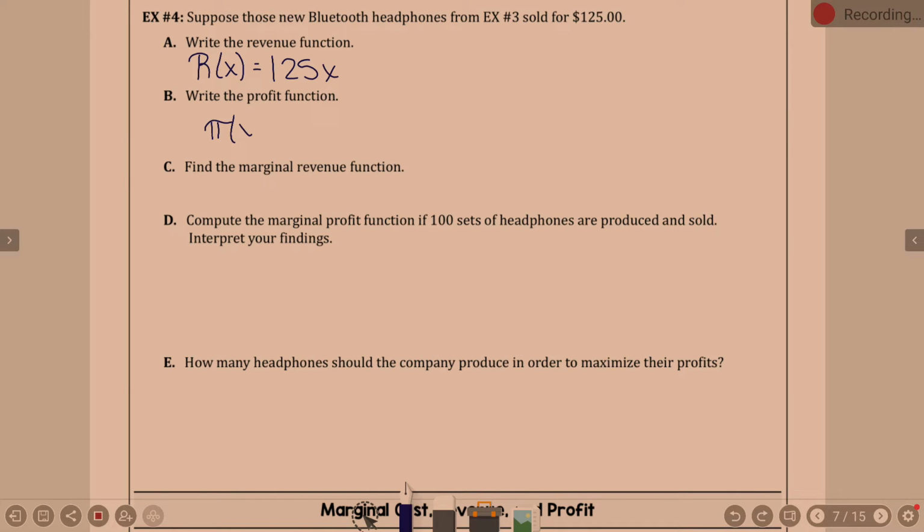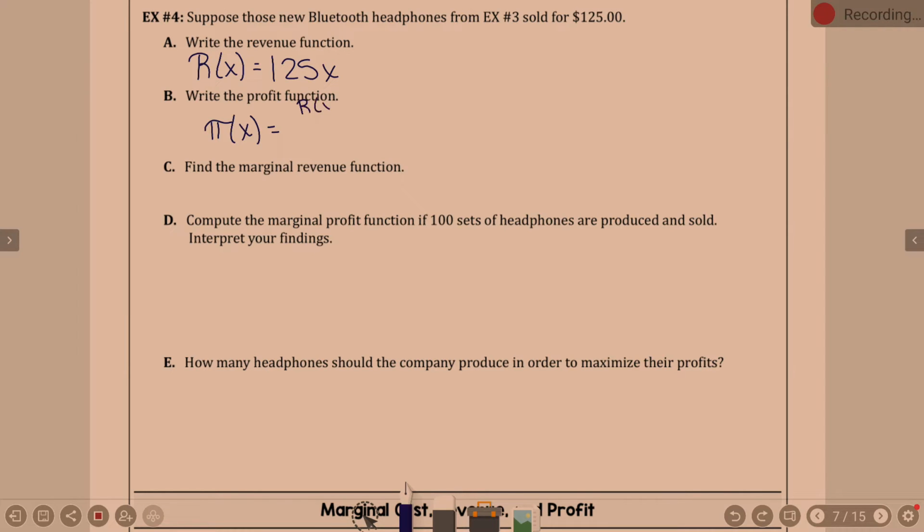Now, remember, there is something about profit there, I believe. Profit, we use pi of x is what they suggest, although you do see P of x sometimes for it. And if you look back, it does talk about profit. It's logical.